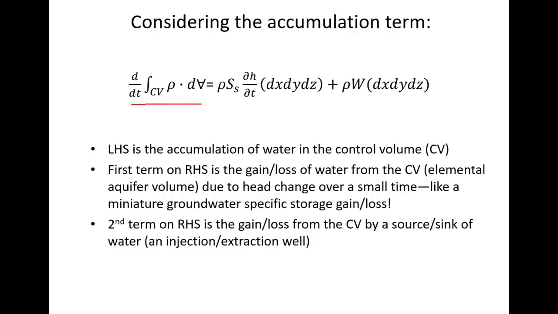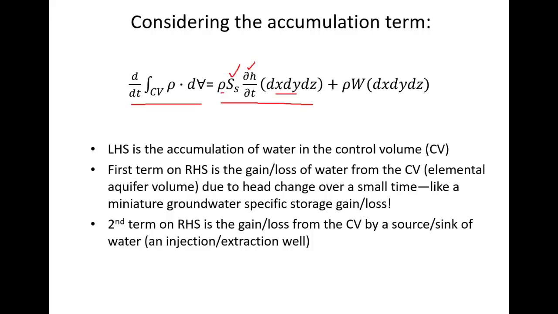In our aquifer vocabulary, this term would be equal to the gain or loss of water from the control volume due to head change. So there's our specific storage term, and there's our head change with time. The rest is just the geometry: the control volume, mass, unit volume.